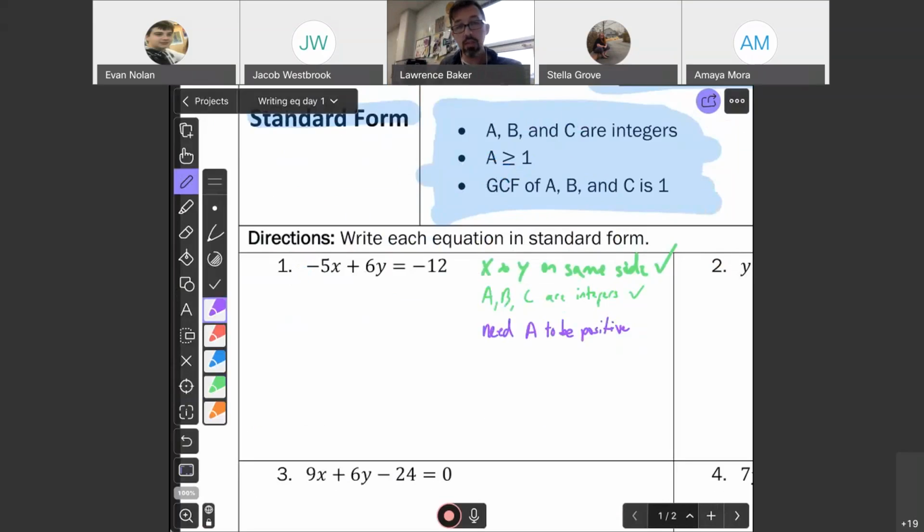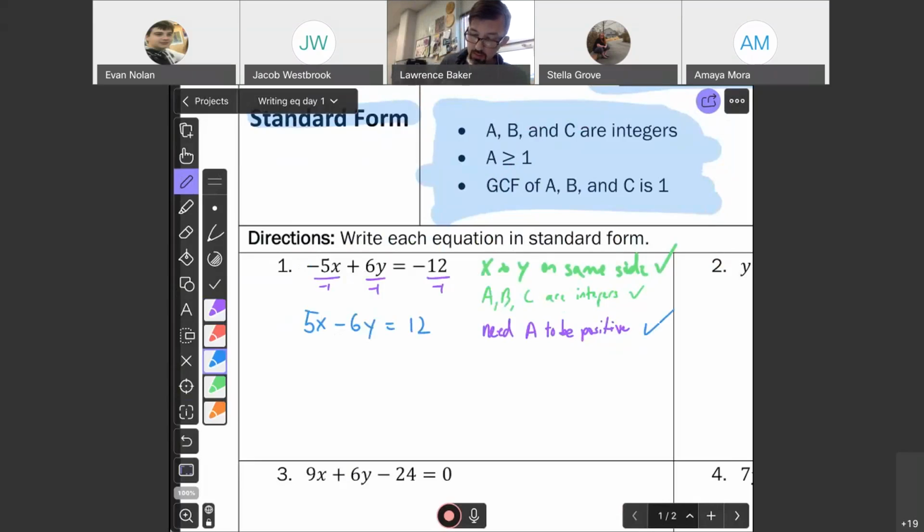So we either need to multiply or divide everything by -1. I'm going to use division. It doesn't matter if you multiply or divide. I'm going to divide everything by -1. So it gives me 5x minus 6y equals 12. So now that's right.